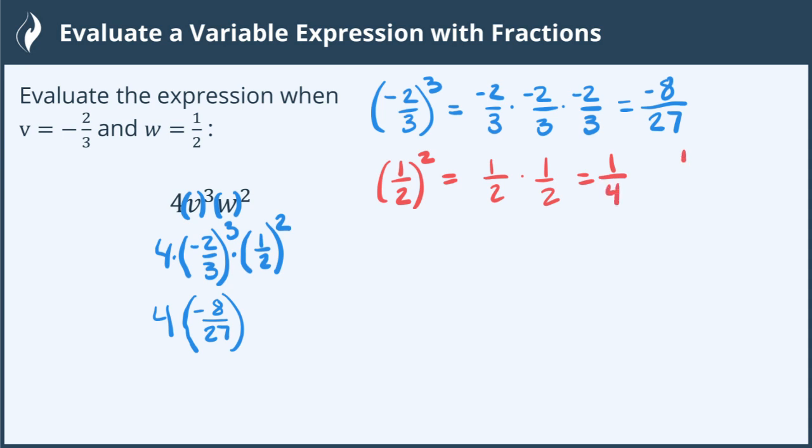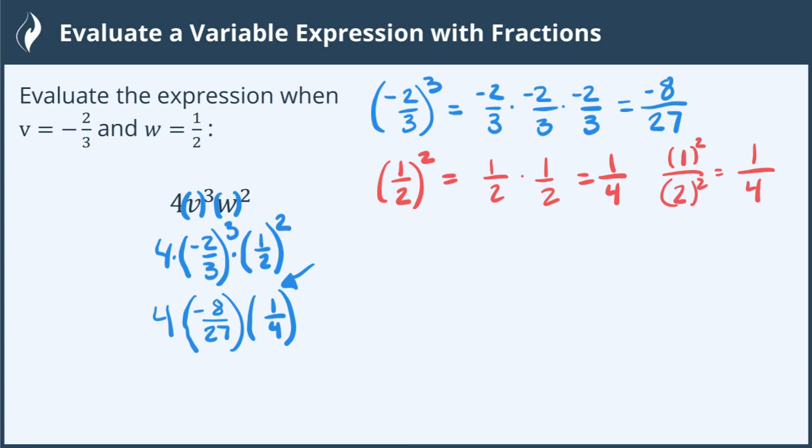And again, we could have also thought of this as 1 being squared over 2 being squared, and 1 squared is 1, and 2 squared is 4. Either way works, however you prefer thinking of that. So now I'm going to bring that 1/4 down here. And again, you could have done that all on the same line, but I wanted to do it off to the side so that it kept things clean.